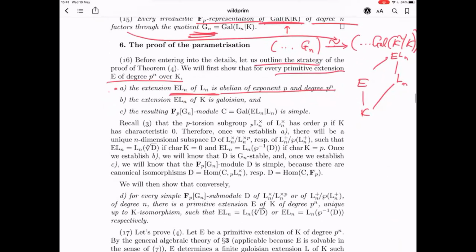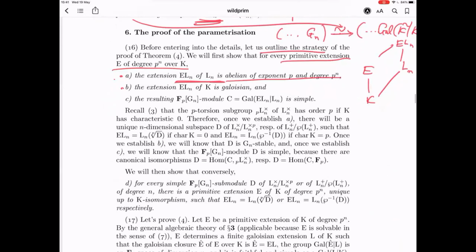Then we will prove that this is also Galois over K. And the resulting Galois module structure on this is simple. Meaning, this group C will become a module over this group Gn.